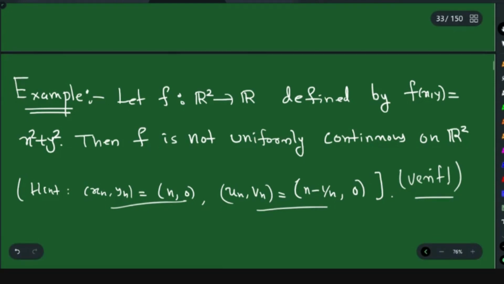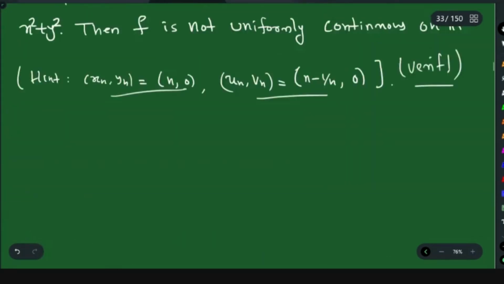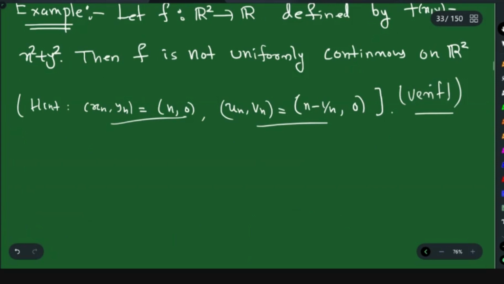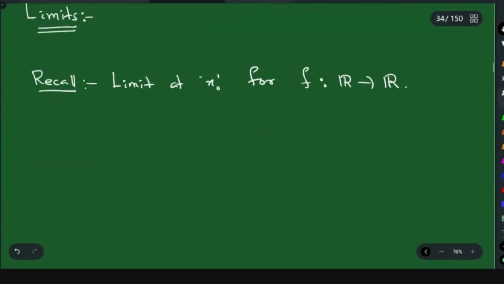Okay. So now I wanted to recall the basics of how you compute the limit of a function at a point. Let's recall the limit at x0 for a given function. What exactly does the limit as x tends to x0 of f(x) mean?